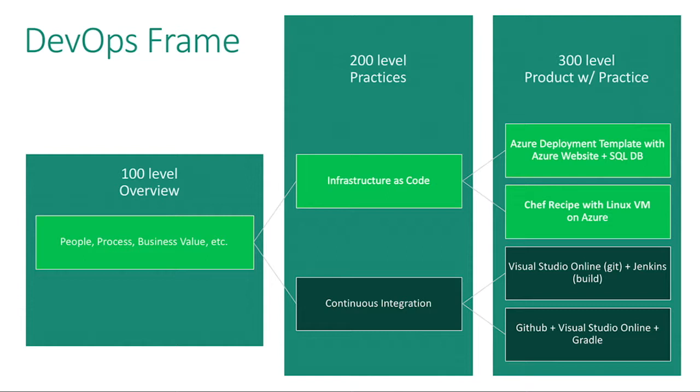So you can think of it like treating your infrastructure as a commodity, having teams working with each other, and similar practices like that. Then that goes into infrastructure as code, which is the practice we're talking about today. Finally, you can look at using ARM templates from Azure, or Chef and Puppet with Microsoft Azure or other cloud providers. And that's the mapping that we have for this specific DevOps practice.